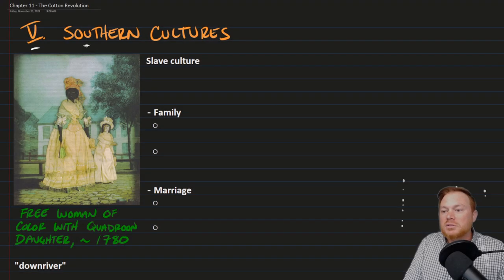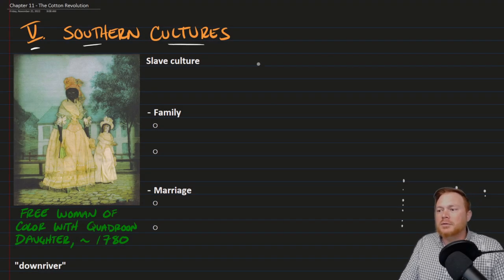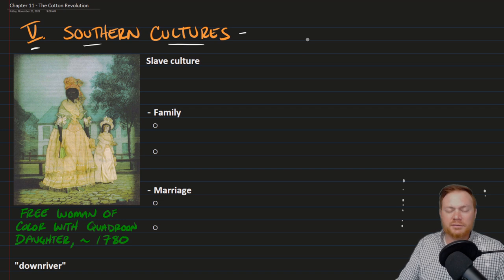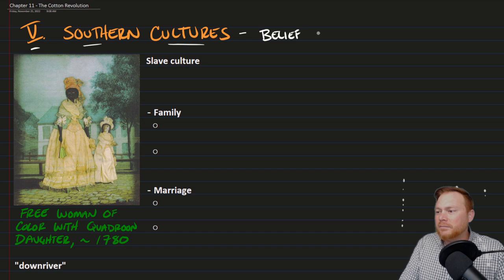Section 5, Southern cultures. Culture more broadly is something that we use to describe the intangible things. It's something that you might not be able to pinpoint, but it certainly exists and it certainly has an impact on history. If we were going to define culture broadly, we might say it's something like a belief system.